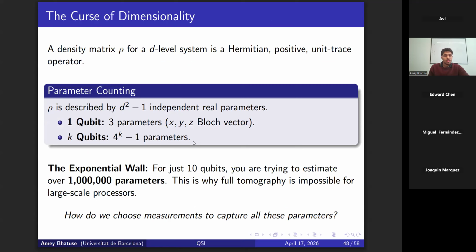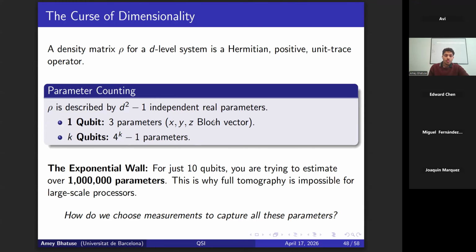If we check the scaling, with 1 qubit we have 3 parameters, which are the parameters of the Bloch vector. With k qubits, the scaling is 4 to the k minus 1. Very quickly we hit a wall: with just 10 qubits, we are trying to estimate this many parameters.